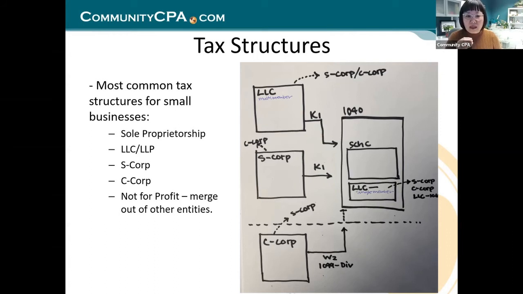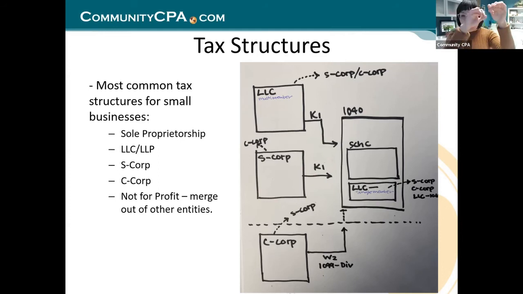That K1 is literally emptying out everything inside of the LLC to go into 1040. So let's say my partnership loses $5 million. I'm sorry, your $5 million will be going into your personal tax return as K1. So the S Corp and LLC, you can imagine them to be a bucket with no bottom.